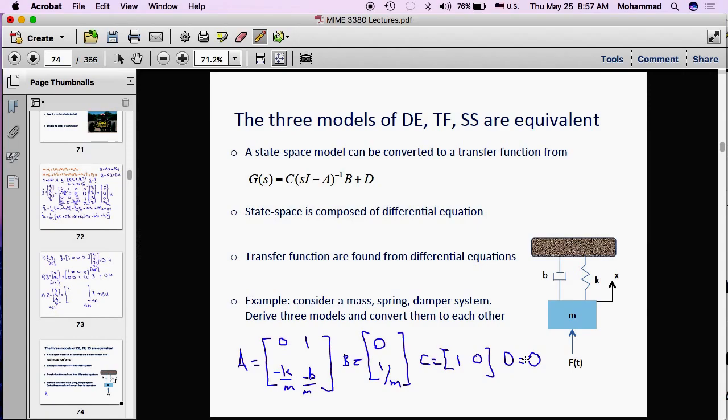By the way, we already know the transfer function for this system, don't we? We have already found it. The transfer function between force and displacement is what? Can someone look it up?